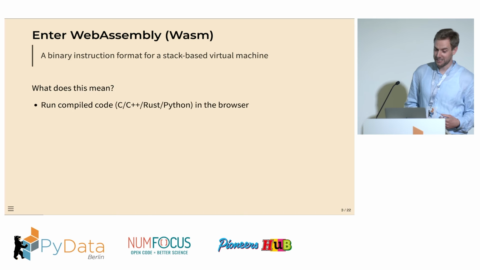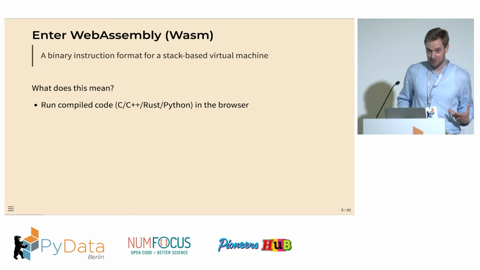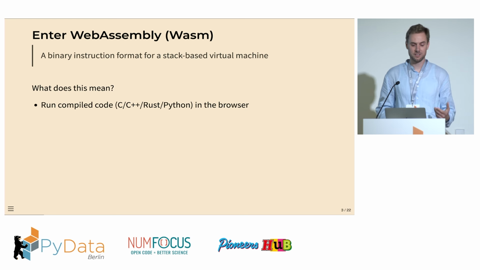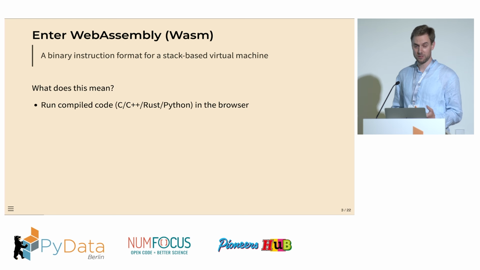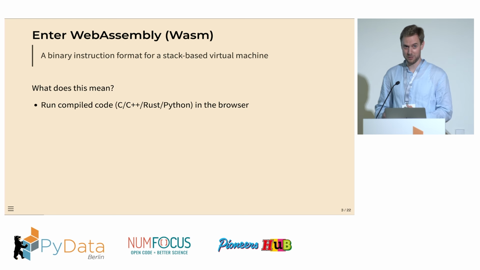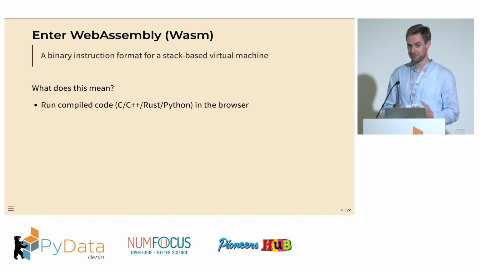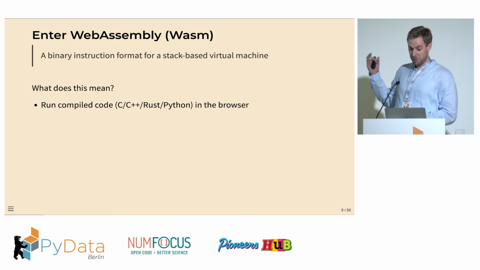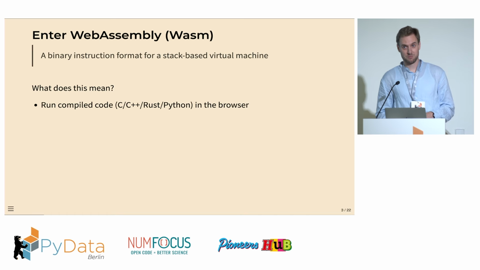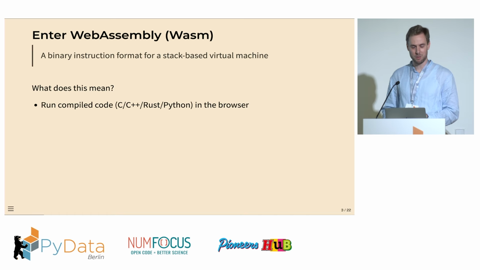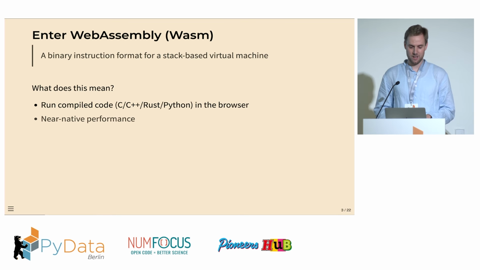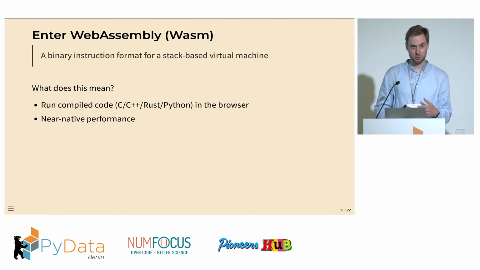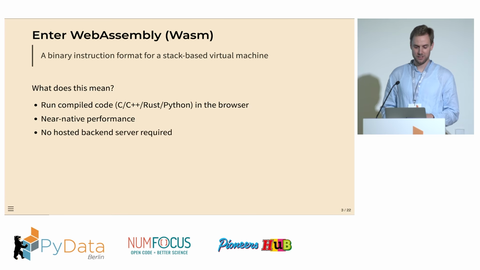But in practice, how I think about it, it means that WebAssembly can run compiled code in the browser. So this is pretty cool. So your Chrome, your Safari, your Edge can run C, C++, Rust, or Python code. Also R, people are working on this too. And it's near-native performance. So we're not losing anything there.